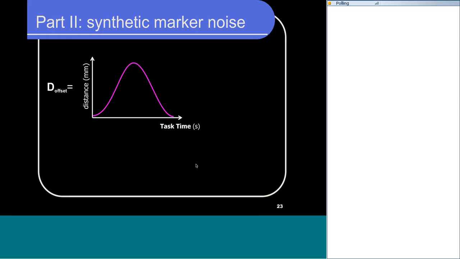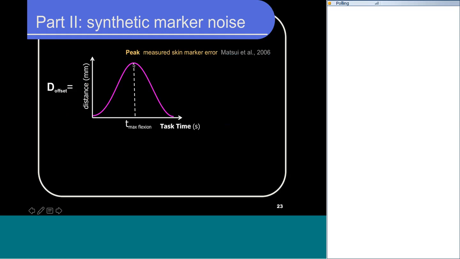So our noise model looks something like this. If on the x-axis we have time, this is the task time, and here is the peak extent of the motion. So just say this is either the flexion or abduction task. This would be the peak elevation, so when the arm is maximally elevated, we define some maximum systematic offset that we're going to apply.